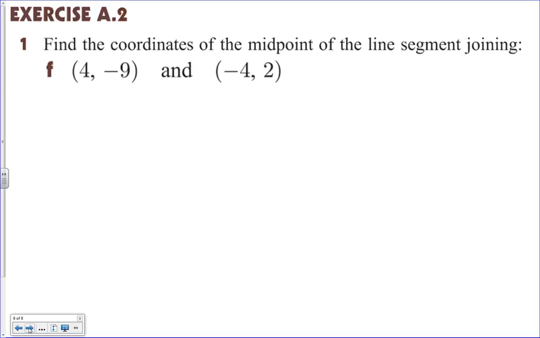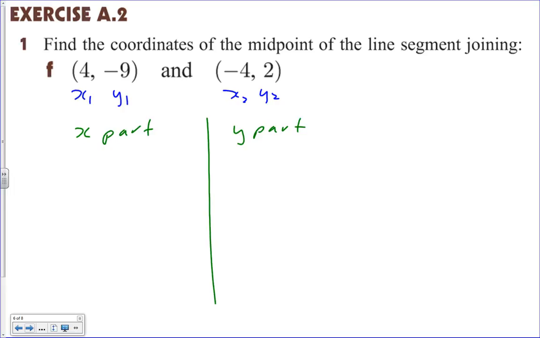x1, y1, x2, y2. Again, we're going to do our two separate bits, the x part, y part. So here we've got x mid equals x1 plus x2 over 2. Y mid equals y1 plus y2 over 2.